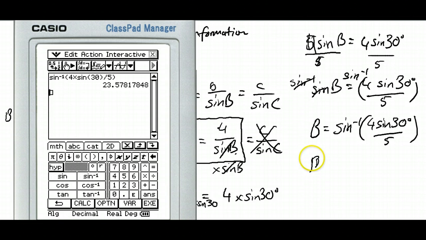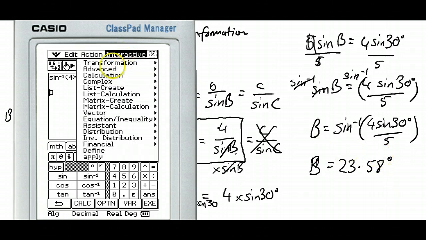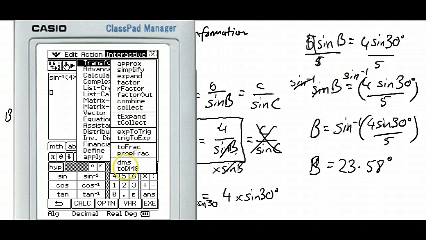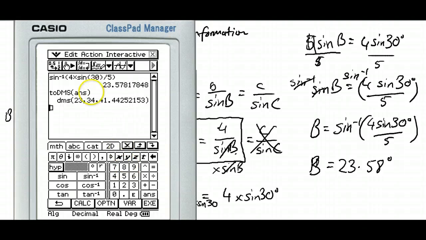So B equals 23.58 degrees. If we want to convert that into degrees, minutes, seconds, we can go to interactive transformation and to DMS, just go OK, and it takes the answer from the previous result and converts it into degrees, minutes, seconds.